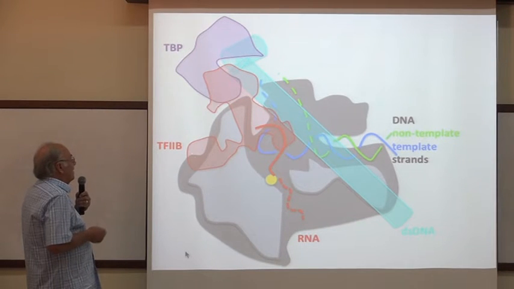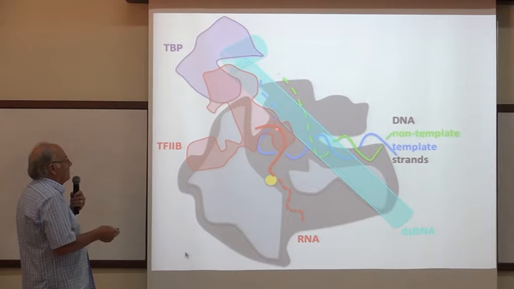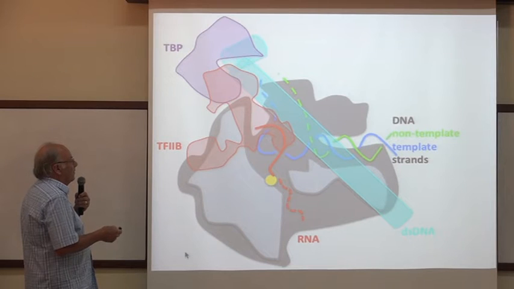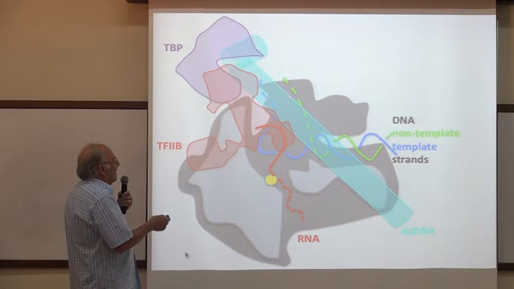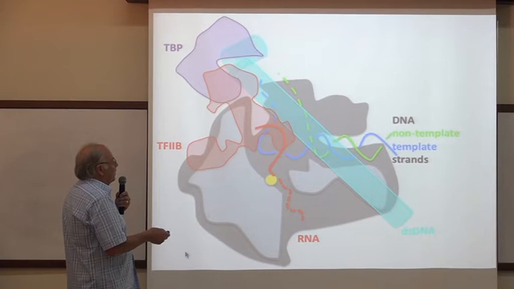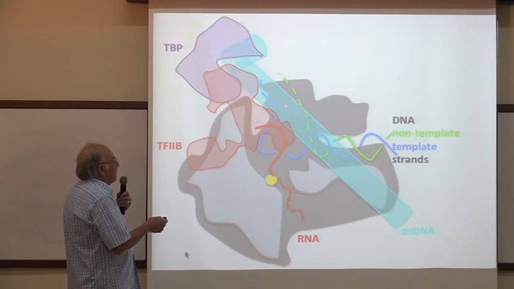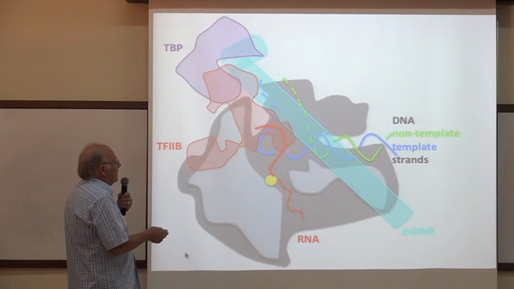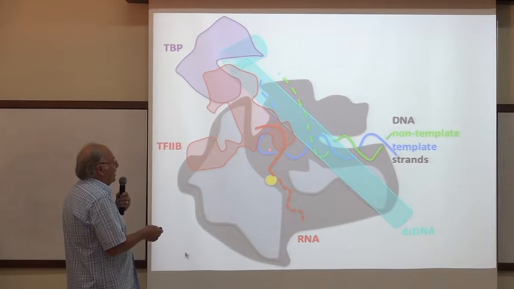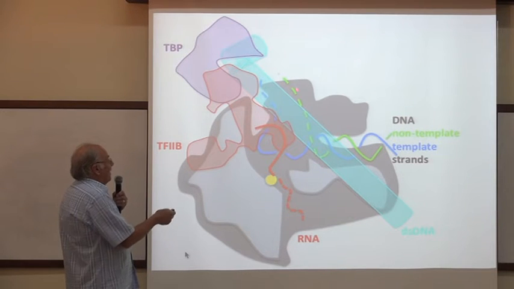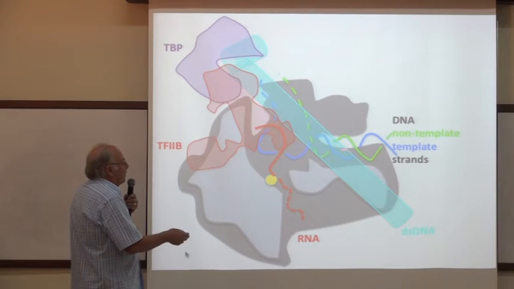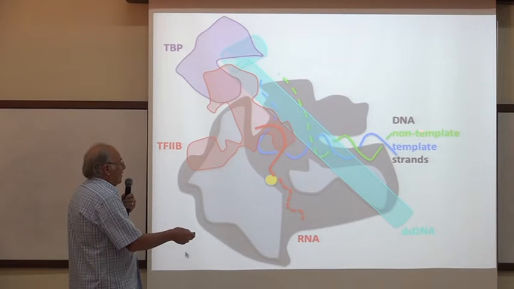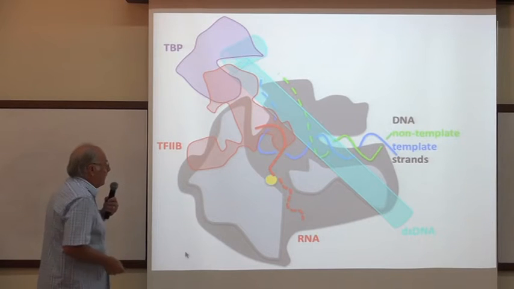But the TFIIB, this reddish structure here, is the factor which is involved in rearranging the DNA such that it opens up the bubble here, and you have placing the template strand into the active site, and the other strand is not seen in this type of structures until we come a bit beyond the active site, and here we see the non-template strand.